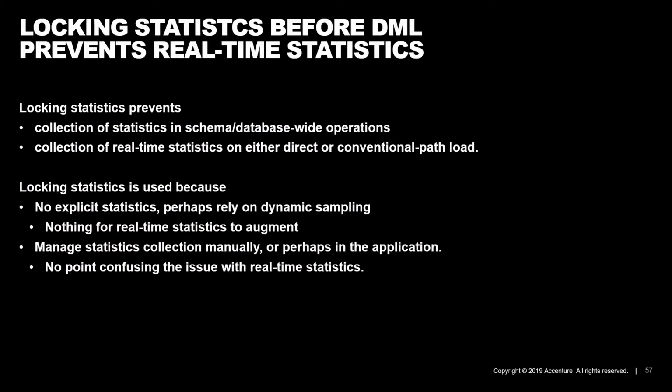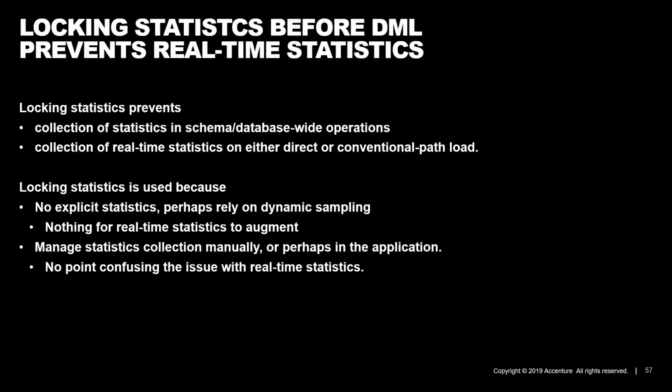Locking statistics on a table prevents collection of those statistics during a schema or database-wide operation, for instance, during the maintenance window. Locking statistics also prevents collection of real-time statistics, either during the initial direct path load or a subsequent conventional path load.